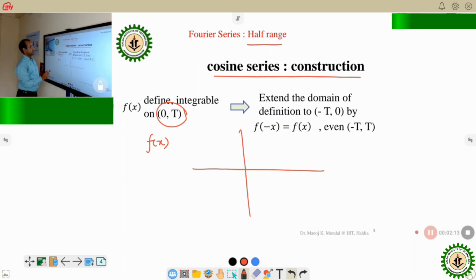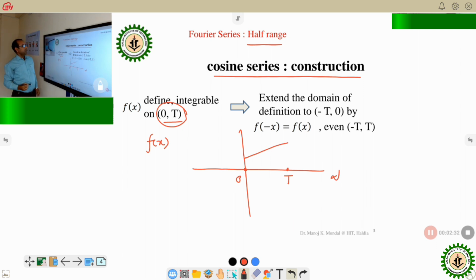Suppose this is the coordinate axis, and the function f of x is defined on the interval 0 to t in this way.